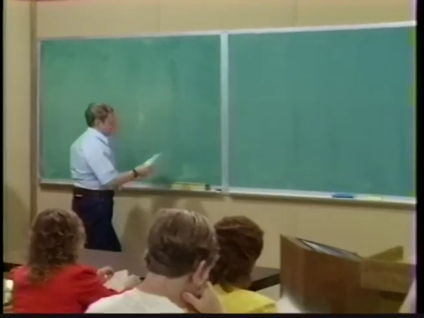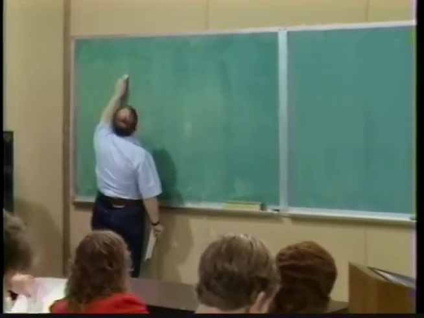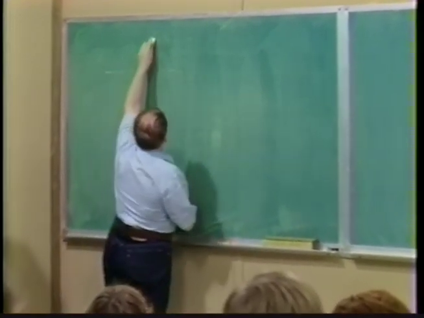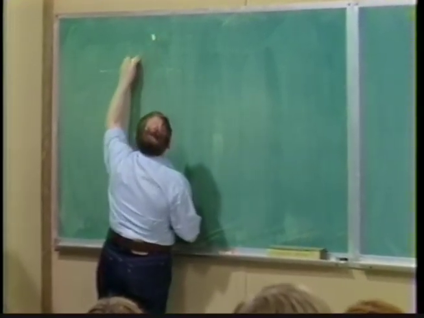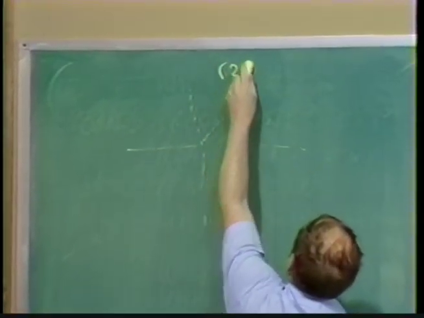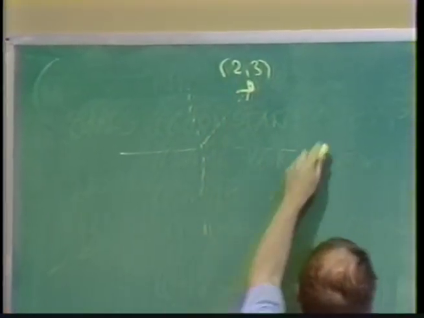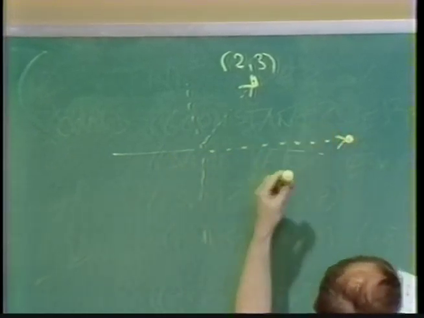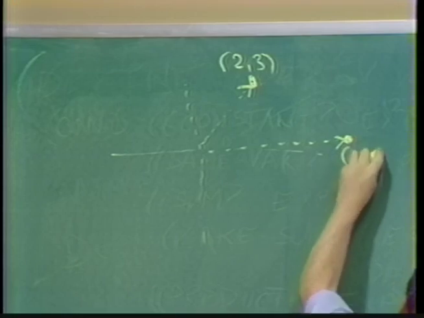So for instance, if we'd like to represent a line segment, say the line segment that goes from a certain vector, say the segment from the vector 2, 3 to the point represented by the vector 5, 1.